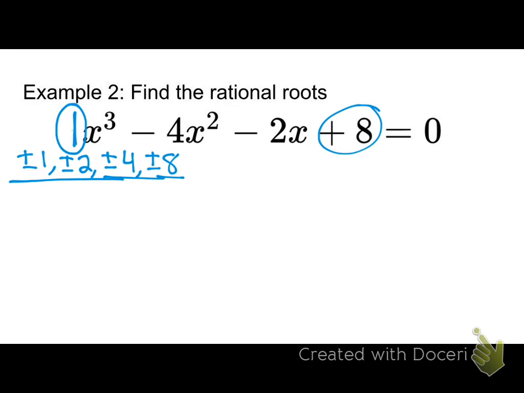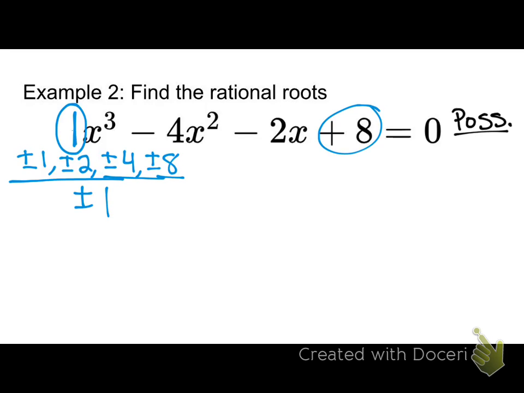Okay, in my denominator, I want the factors of 1, which is our leading coefficient. So it's always factors of the constant over factors of the leading coefficient. That's why I asked you to write that somewhere on your note page. Okay, so when we go off to the side here and we make our big list of possibilities that we're going to try, what's going to go on it?